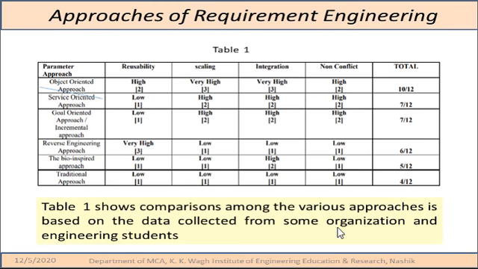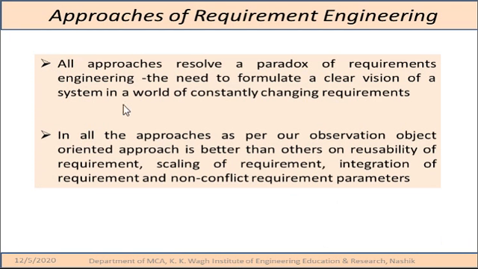This data was collected by that author from some organizations and engineering students. All these approaches resolve the paradox of requirement engineering, which needs to formulate a clear vision of the system in a world of constantly changing requirements.